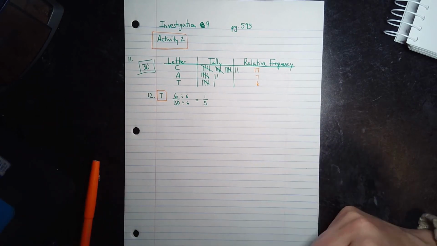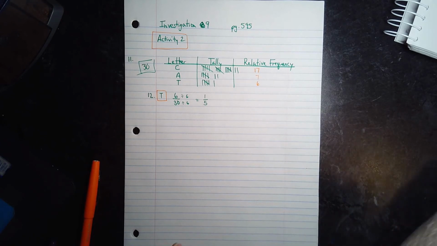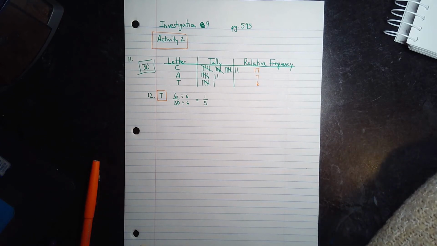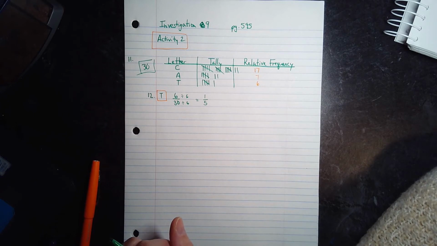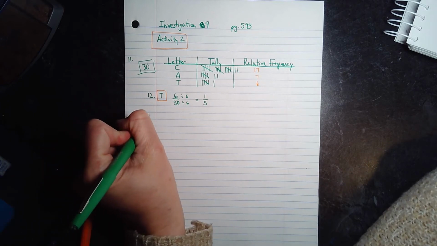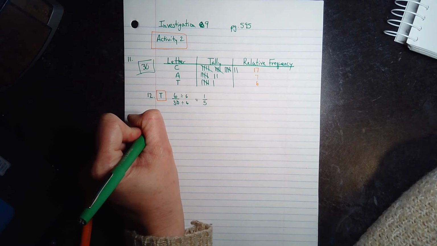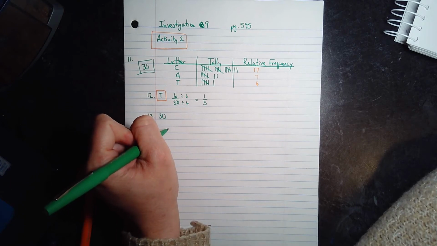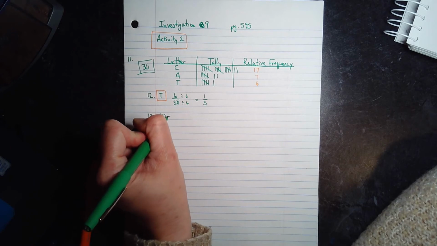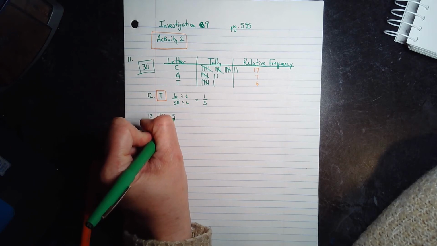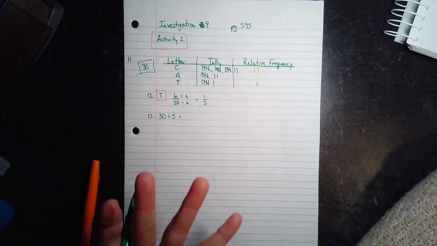All right, number 13. If your partner had written a letter just once, about how many times would you expect to choose it out of 30? All right, so if someone wrote a letter just once, so I've got 30 choices, and I'm dividing it by 5 options, because there were 5 cards, right?